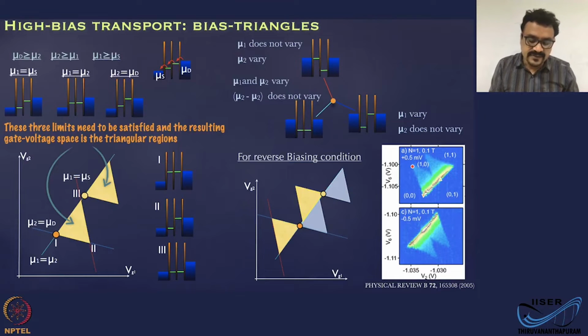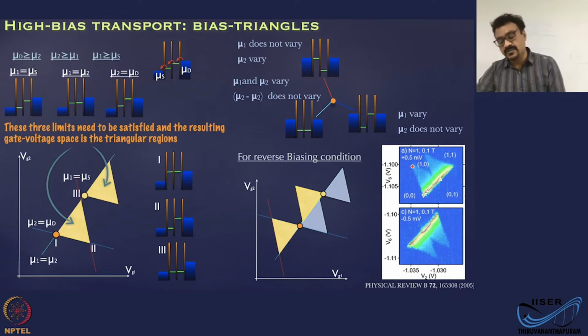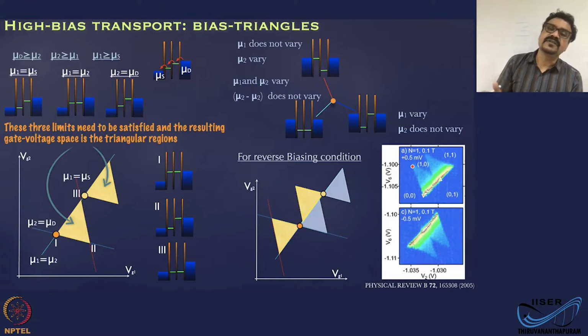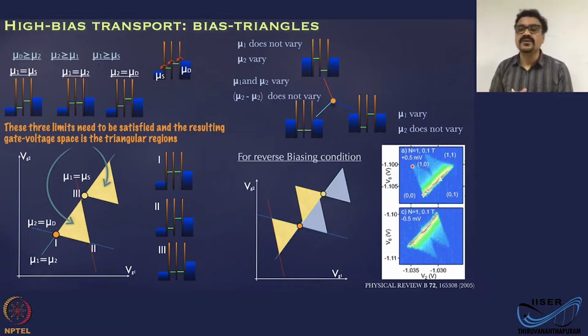So these 3 conditions need to be satisfied simultaneously for the current to flow through the system, and these are represented by these energy level diagrams here. These are 3 equalities. We also learn that the directions in the charge stability diagram for a double dot represent certain energy level alignment with either the source, the drain, or each other.